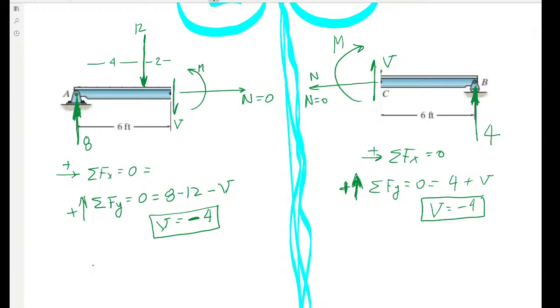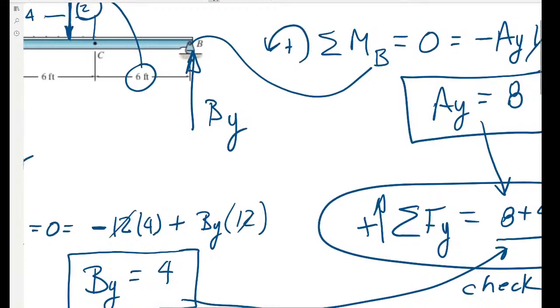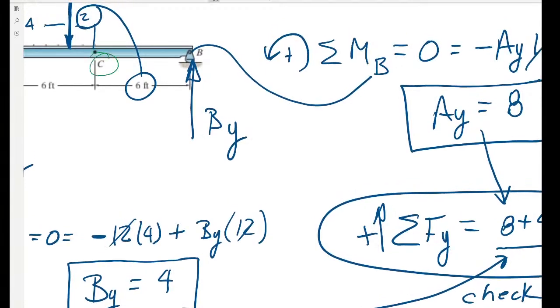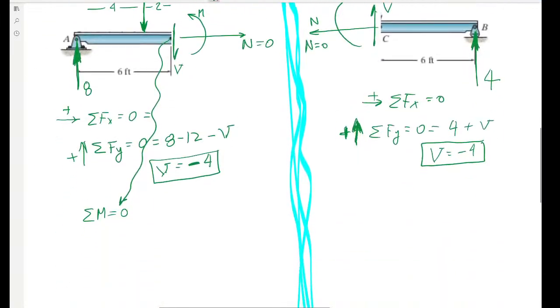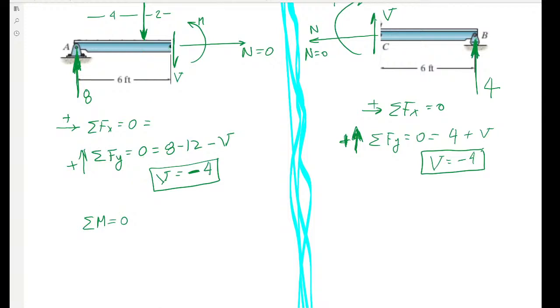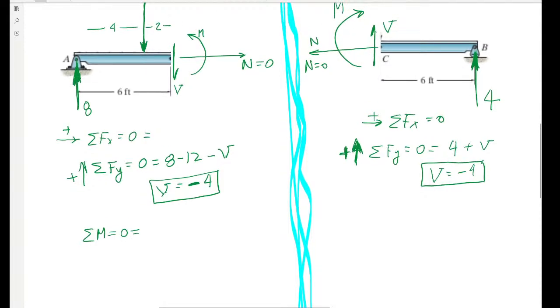On the left drawing, sum of the moments equals 0, and the best thing to do is pick the point where the slice is. In this case, I think it is labeled as a C. Yeah, it was labeled as a C. Now, if you pick that point and you sum the moments here, you've got to designate what you consider to be positive.